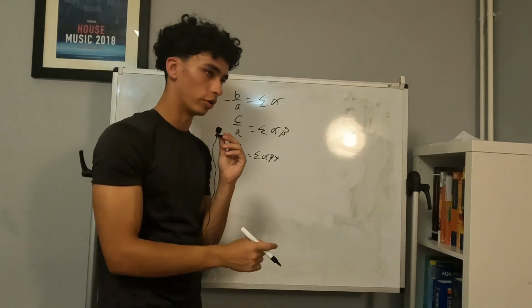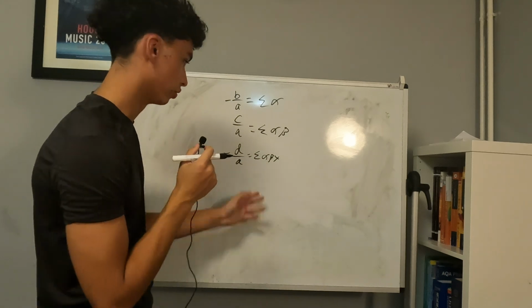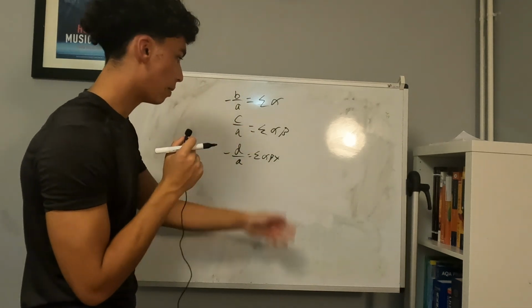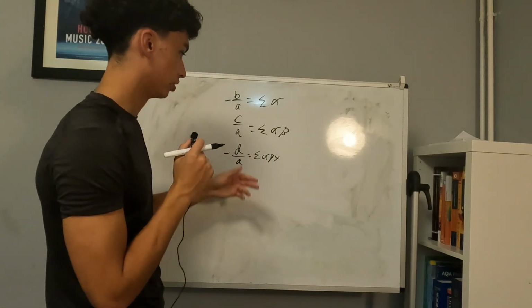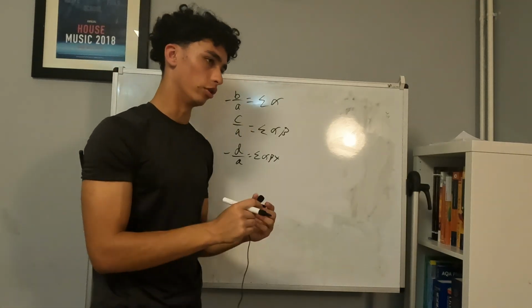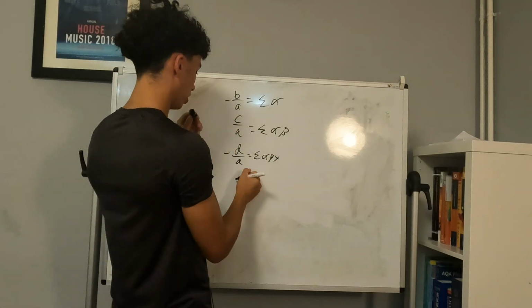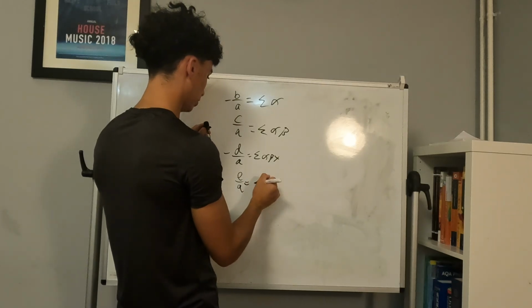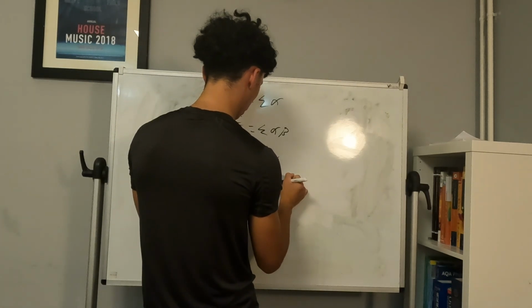For a cubic equation with 3 roots, this is basically the product of all the roots. For a quartic equation, it will be alpha beta gamma plus alpha beta delta plus we'll go all the way, going through all the possible combinations of the roots. Then finally for the quartic equation, e over a is equal to the product alpha beta gamma delta.